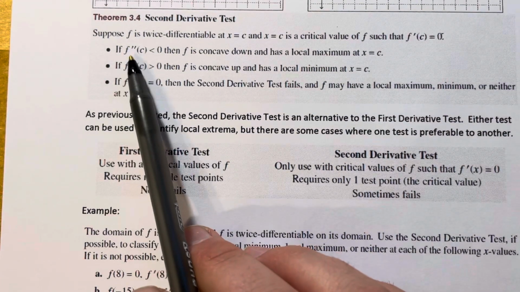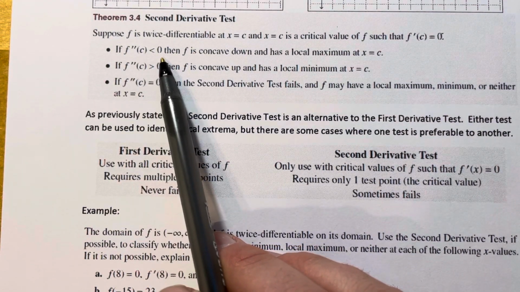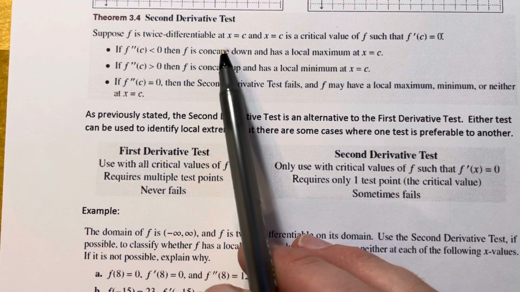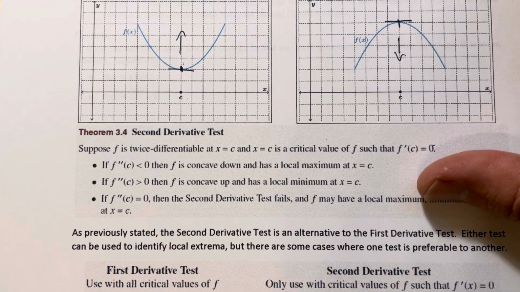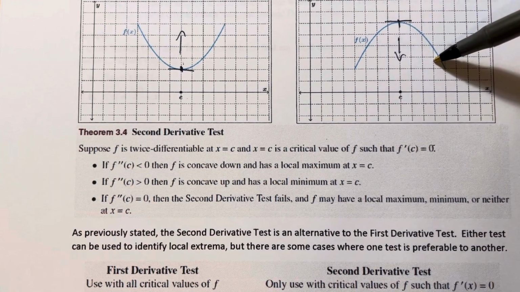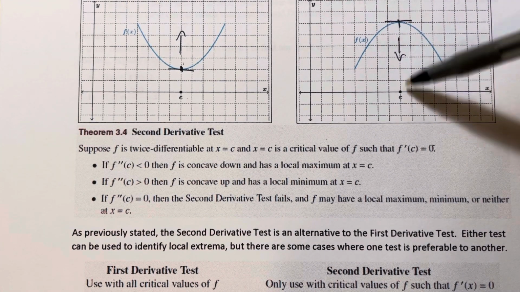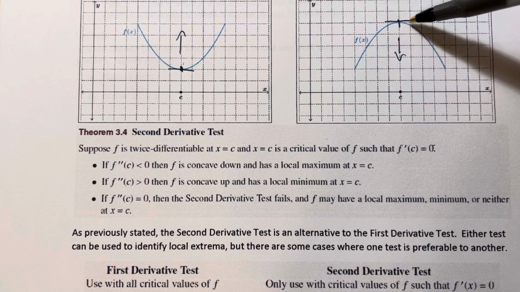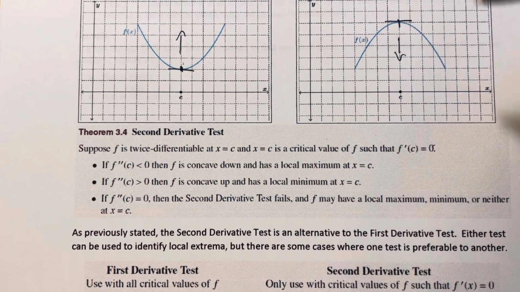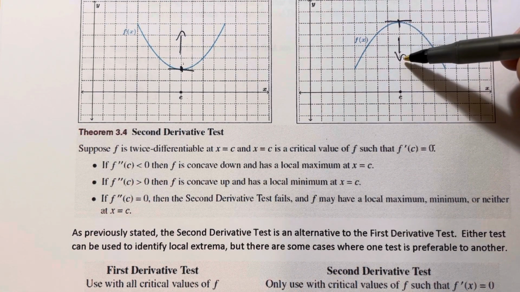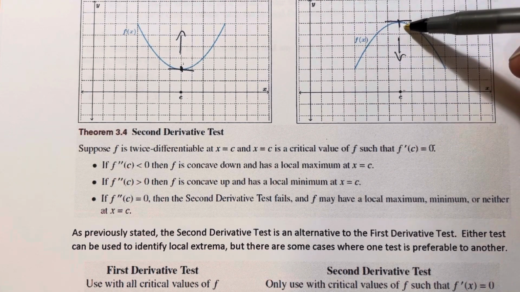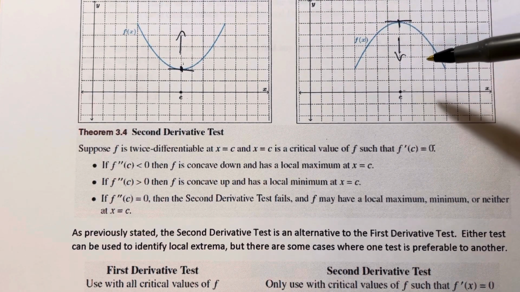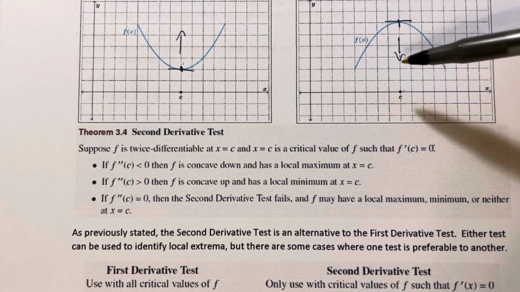Then if f double prime of c is negative, which remember means f is concave down, then f has a local maximum at x equals c. So that's this case right here. We had a critical value at c where f prime would equal 0 because that's the horizontal tangent that we're seeing. We're concave down, which means f double prime at that value would have been negative. That gives me a local maximum, okay?